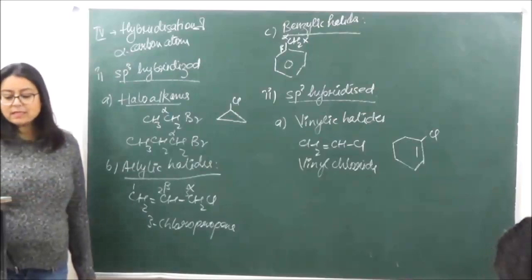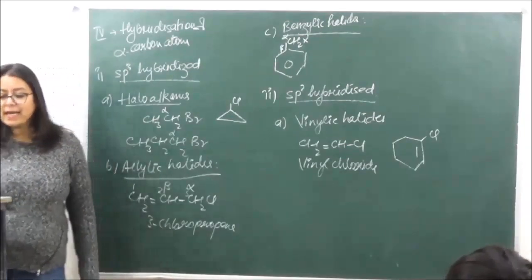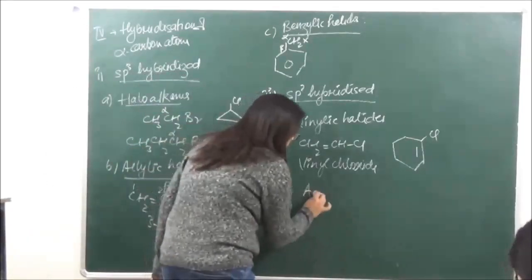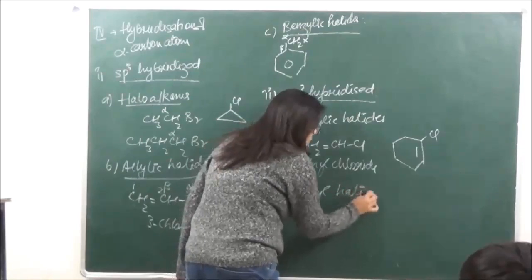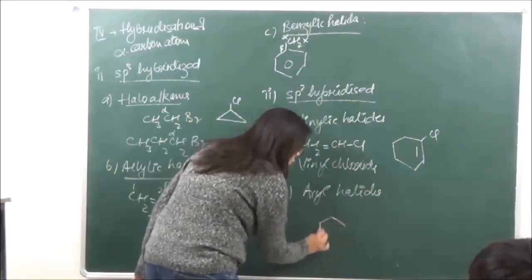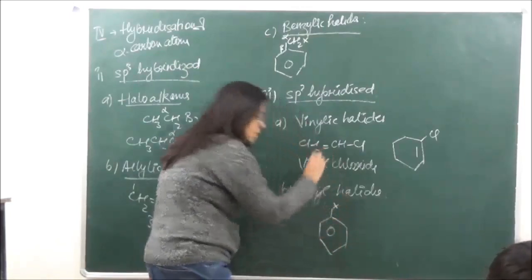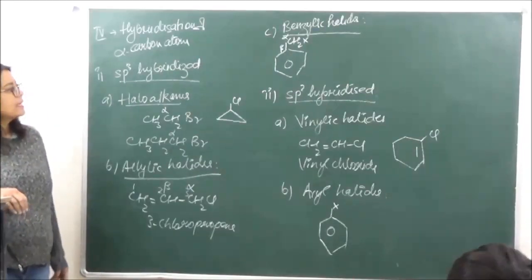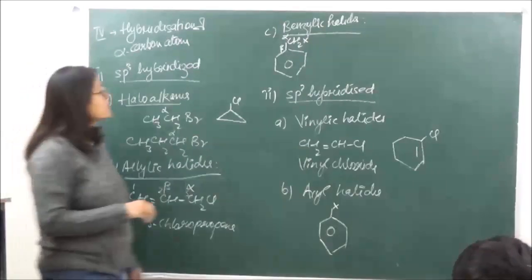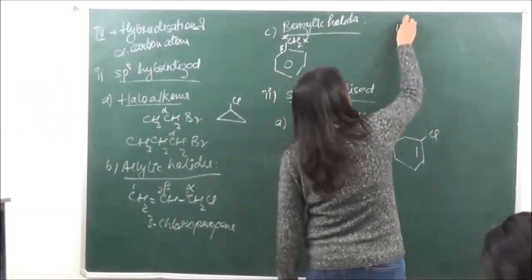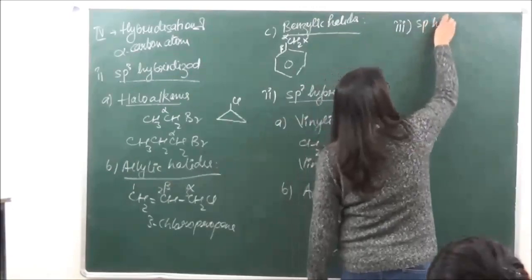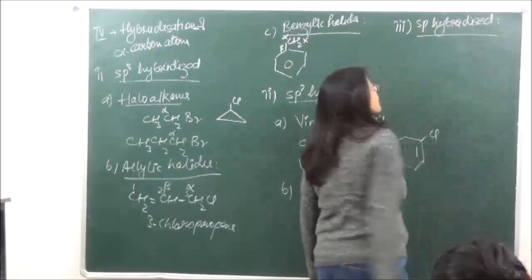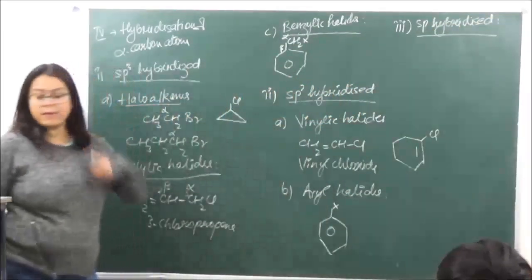Okay. The second one in this is aryl halides. So this is aryl halides, where the halogen is directly attached to the benzene ring. This is an example of an aryl halide over here. Okay? Then the third is compounds containing sp hybridized carbon atom.